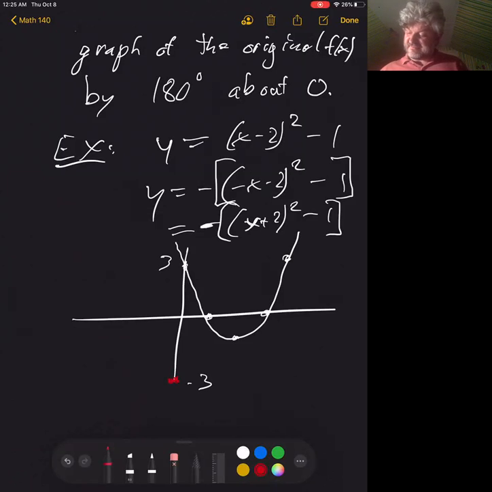When x is -1, I get 0. When x is -2, I get +1. x is -3, I get 0. And -4, I get -3 again.